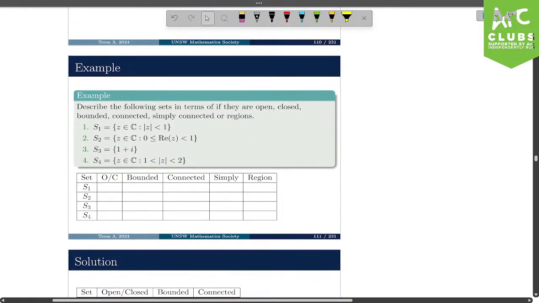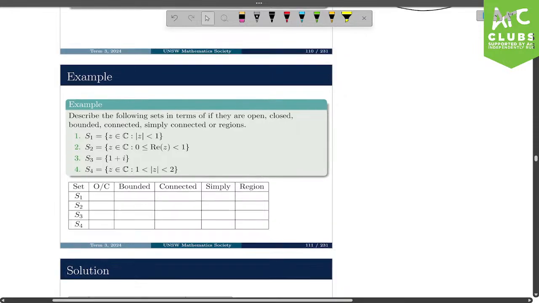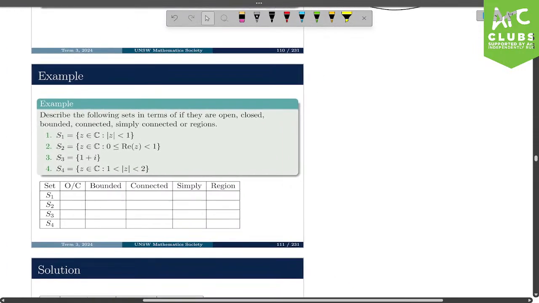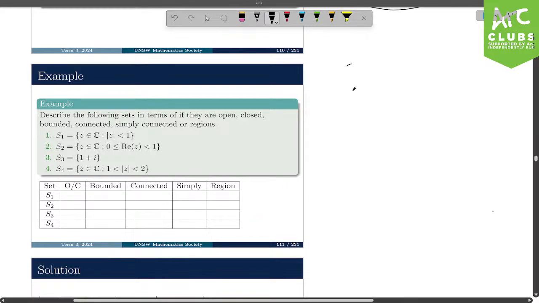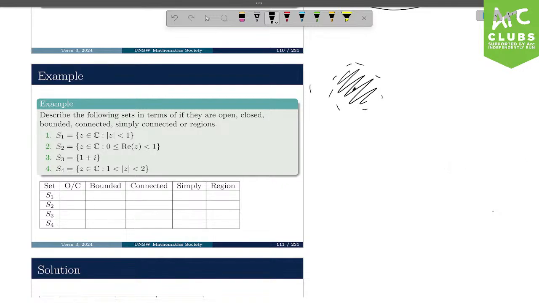Quick example, we have 4 different regions. Sorry, we don't know if they are regions just yet. So first up, we have magnitude of z is less than 1, so that is actually going to be a dotted line around a circle, including the middle, so this will just be 1.